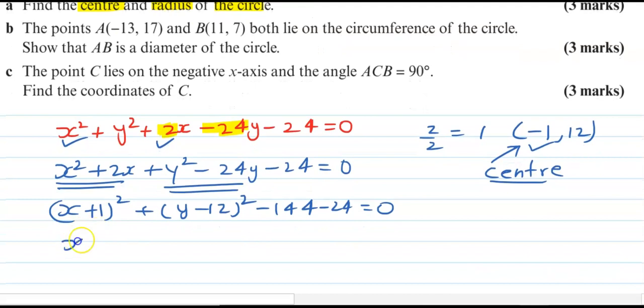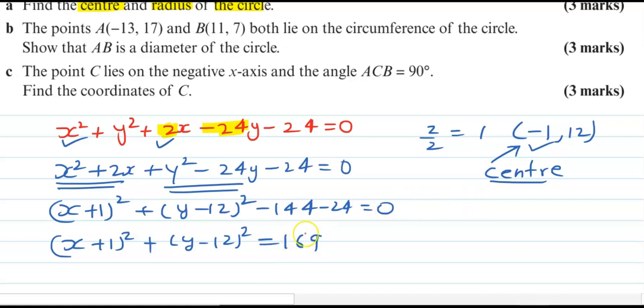So it will be minus 144 and minus 24 equal to 0. Okay, so we got x plus 1 whole square plus y minus 12 square, and if you add them, it will be 144 and 24, so this will be 169. Okay, so this is what you will get.